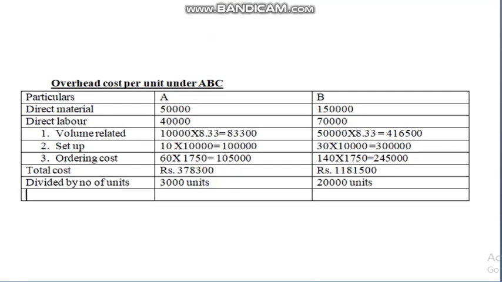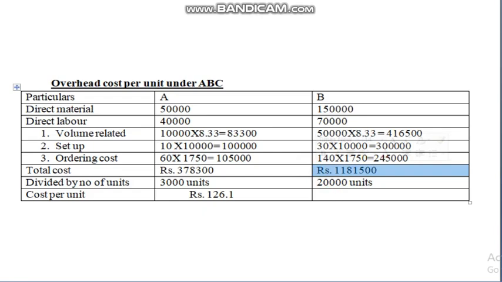Now cost per unit. Rupees 3,78,300 was incurred to produce 3,000 units. Then how much for 1 unit? For 1 unit it will be rupees 126.1. And for product B, 11,81,500 rupees was incurred to produce 20,000 units.